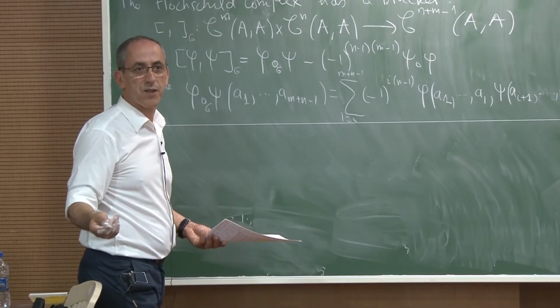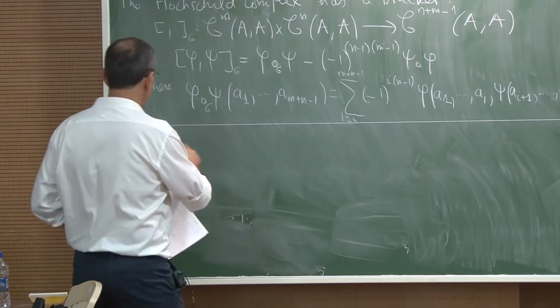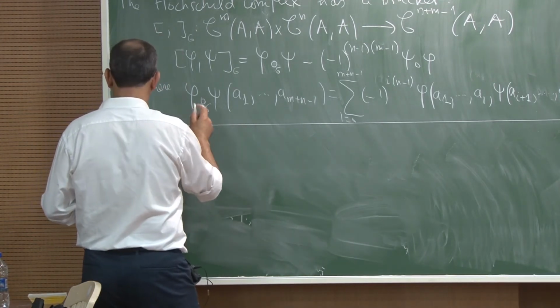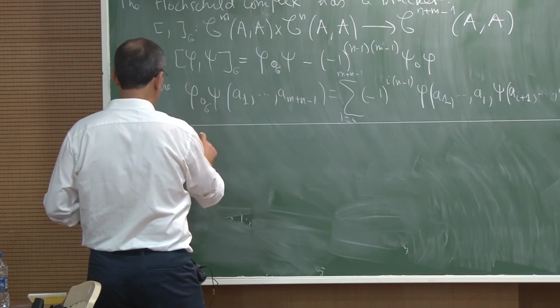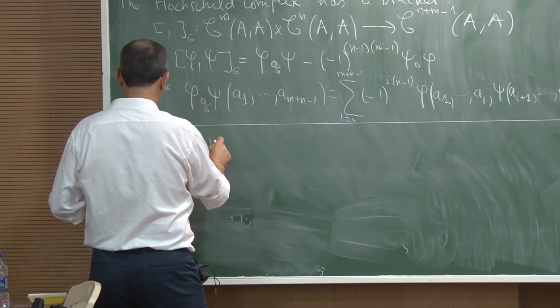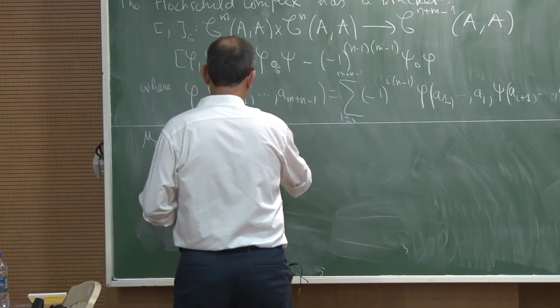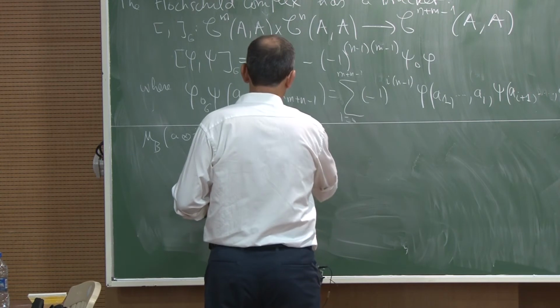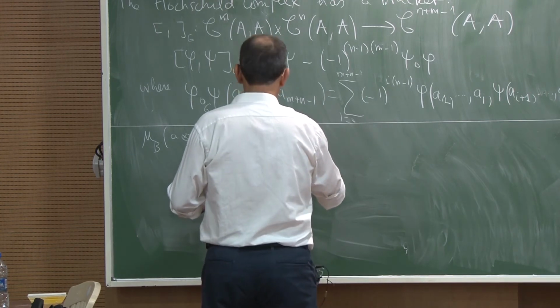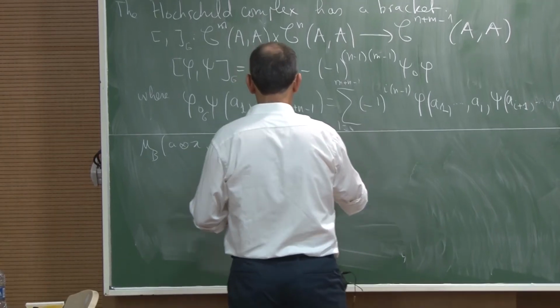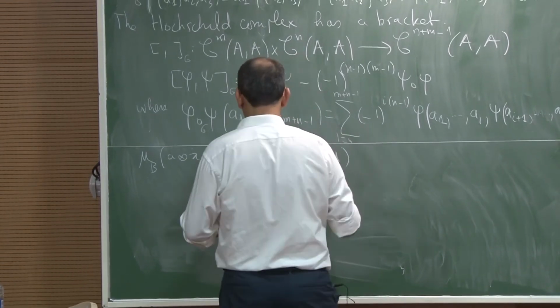This is the connection with the associativity. Then this mu B applies to A tensor, let's say x, B tensor y. You can write it like this.